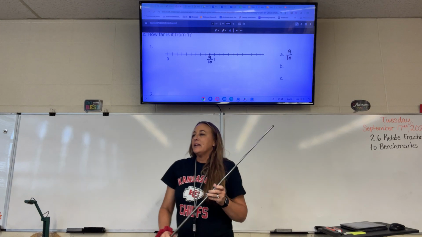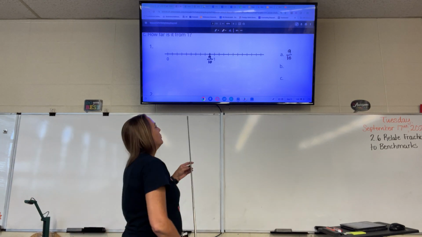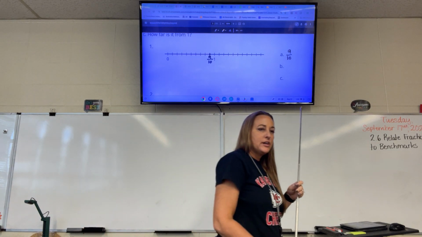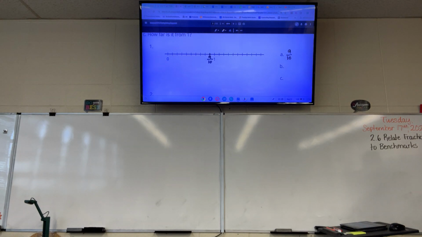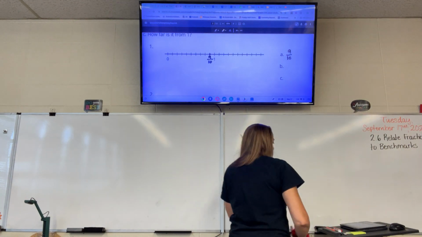And then we need to answer the question, is 9 tenths greater than or less than 1 whole? Raise your hand if you want to answer that question. Cameron, is 9 tenths greater than or less than 1 whole? Less than, because 9 tenths is closer to 0 than 1 whole is.